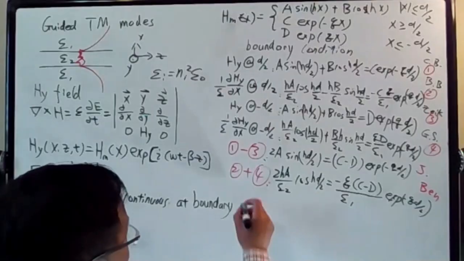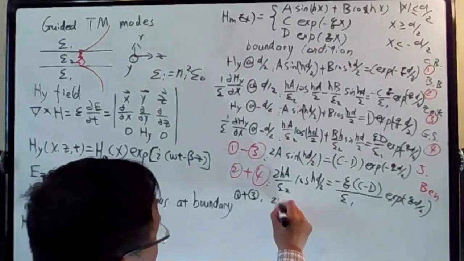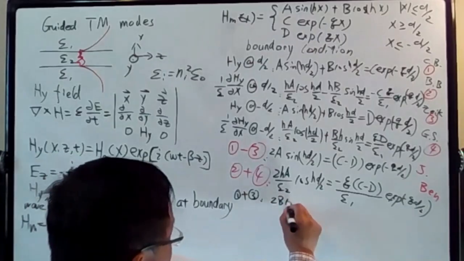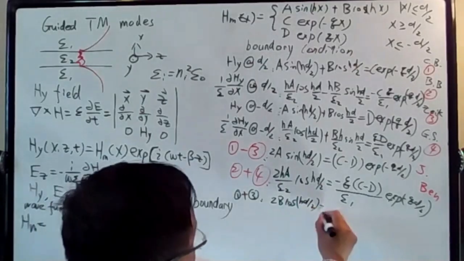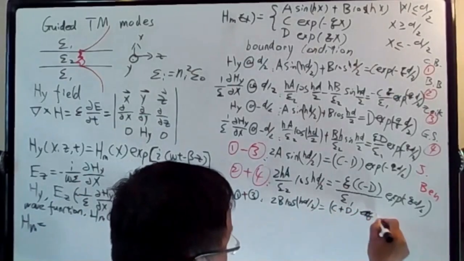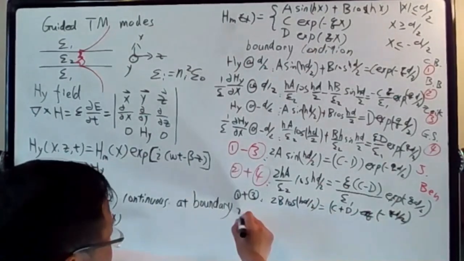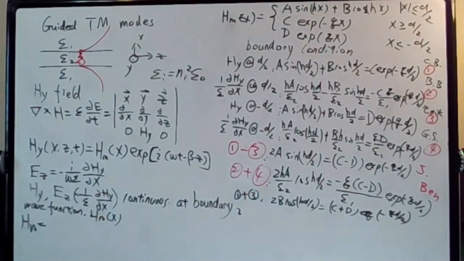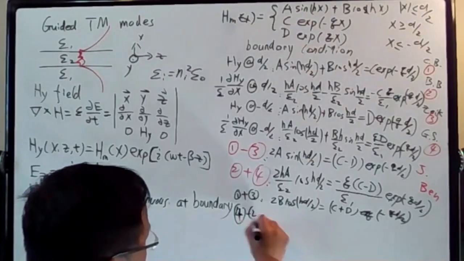So it's 1 plus 3: 2B cosine HD over 2 equals C plus D, exponential negative QD over 2. And then we have HB, so we want HB is 4 minus 2.